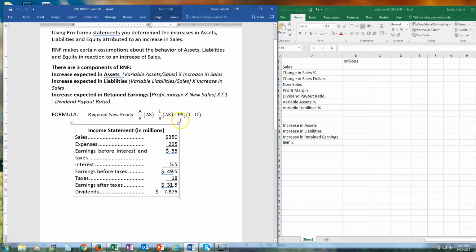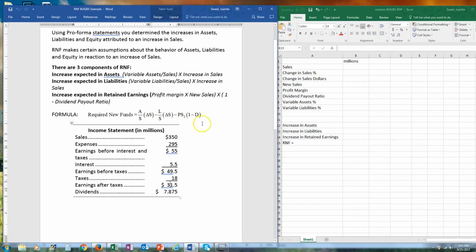And this third part of the equation says, what will you keep? So this is the profit margin times your new sales dollars times 1 minus dividend payout. What do you keep and increase retained earnings with? So we have the change in assets, change in liabilities, and change in retained earnings.